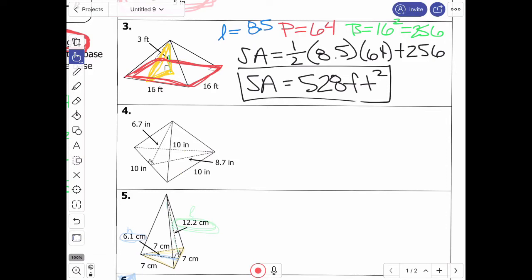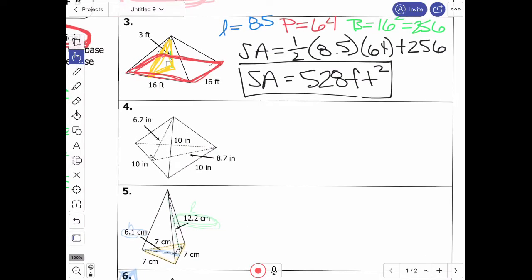With number 4, right away, I see two things that look kind of confusing. I see this dotted line and I see this dotted line. So this is when you have to really pay attention to what your base is. Your base is always going to be the equilateral shape at the bottom of this pyramid.